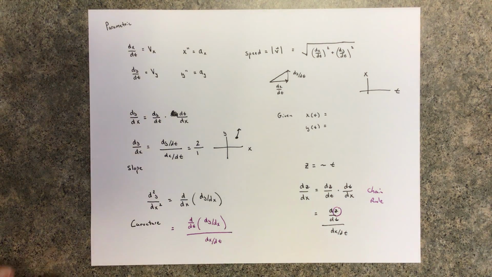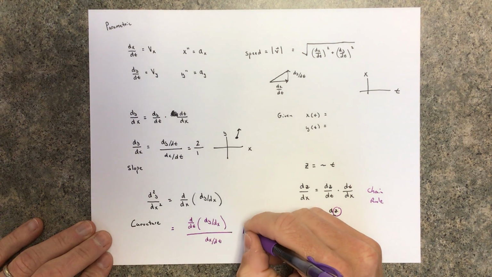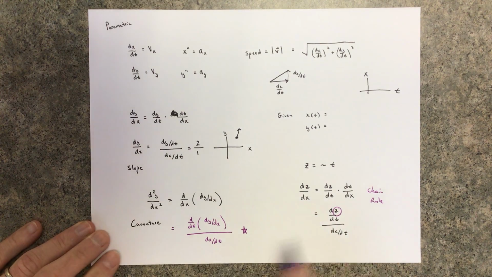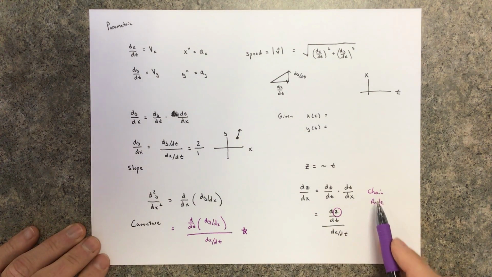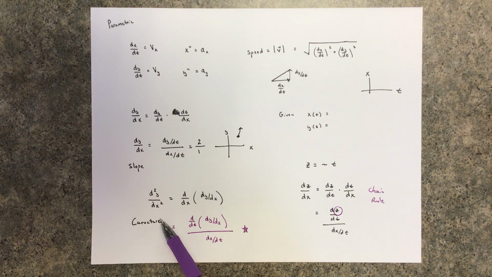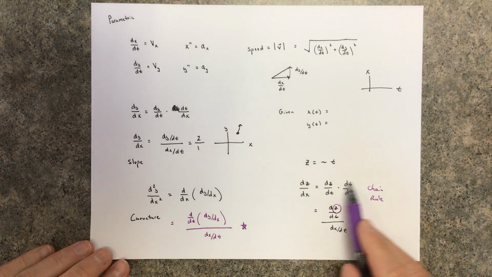Again, this is the formula I gave you in class. This is why it works. The second derivative of y with respect to x is really the time derivative of dy/dx, divided by another dx/dt. This is how you do it, and this is why it works.